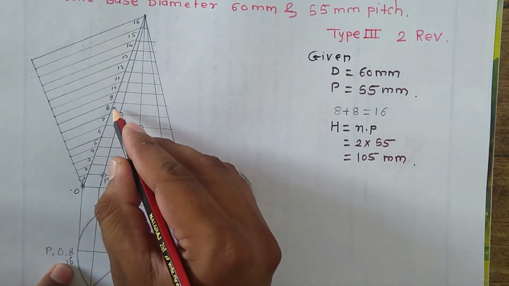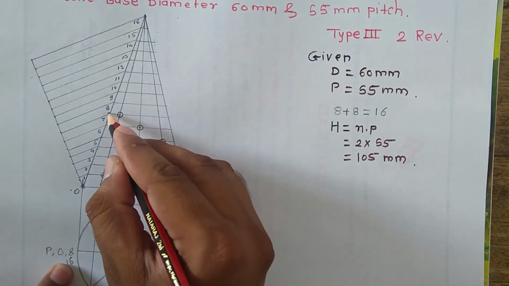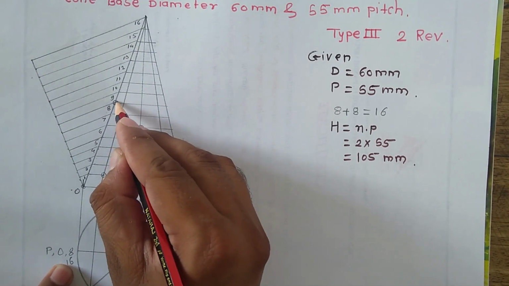eight number vertical, eight number horizontal. So here we'll get the eight number point.